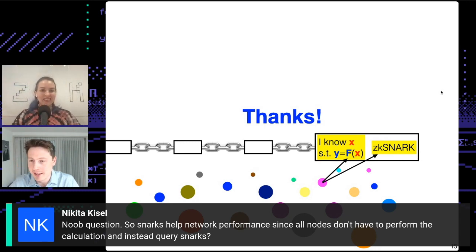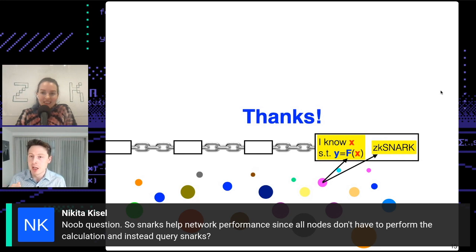All right. So the way that SNARKs help with the asymmetry is that the prover does the computation once, and then you only have to send to the blockchain this one proof that can then be communicated to everyone in the network, and everybody else doesn't have to do the same computation. It's not so much about network bandwidth, because imagine a situation where everybody else redoes the same computation, then you wouldn't have had to send the proof, right?